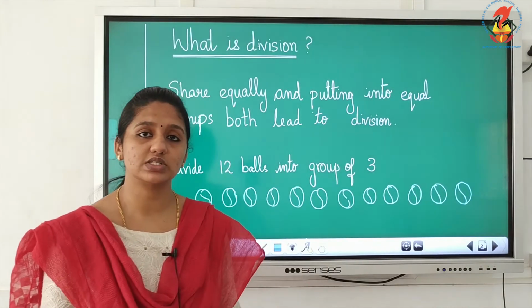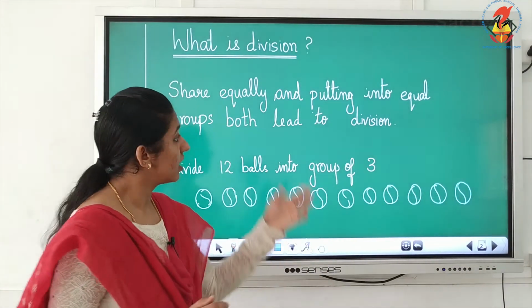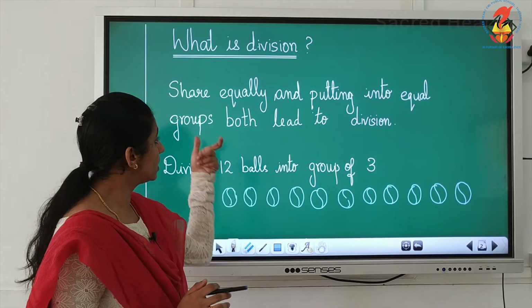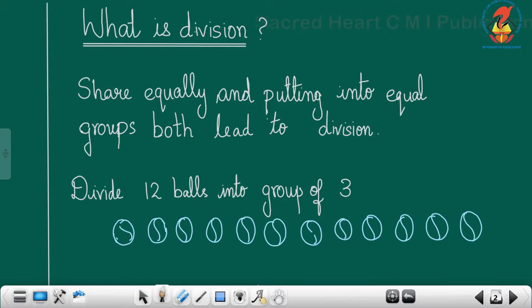In both activities, something is divided equally into equal groups, and we use the division operation. So what is division? Sharing equally and putting into equal groups both lead to division. Clear?